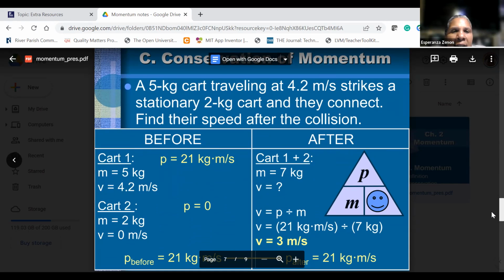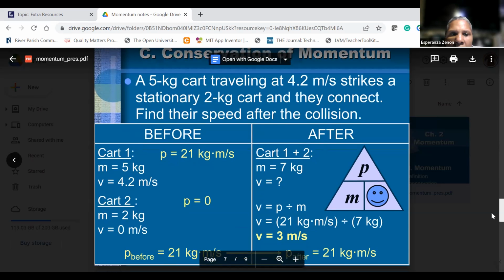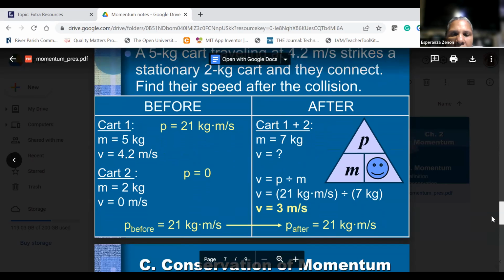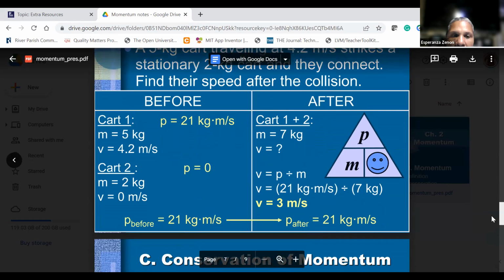It says a 5 kilogram cart traveling at 4.2 meters per second strikes a stationary 2 kilogram cart and they connect. Find their speed after the collision, okay? So now we have these two carts. That's our system. No outside forces, momentum is conserved, meaning the total momentum before they hit is equal to the total momentum after they hit.